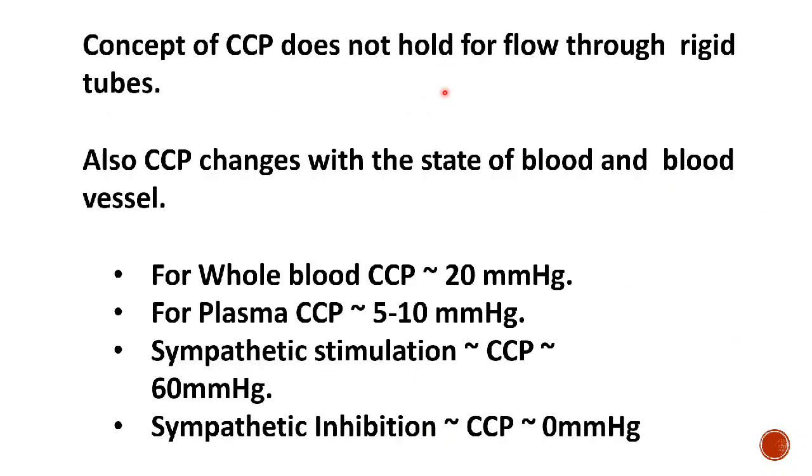This does not hold good for the flow of blood through rigid tubes, and it also changes with the state of blood and blood vessel. For whole blood the CCP is 20 mmHg, and for plasma it is 5 to 10 mmHg. During sympathetic stimulation the pressure will be higher, that is 60 mmHg, and during sympathetic inhibition it will be almost 0 mmHg, that is no pressure at all.